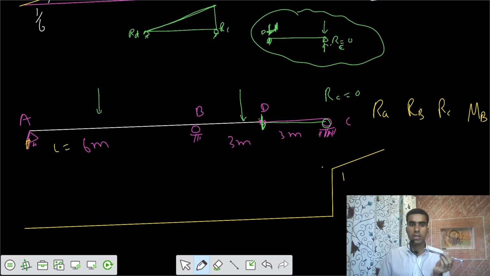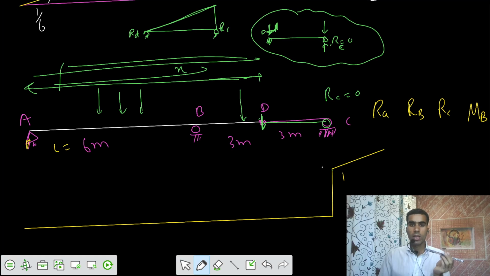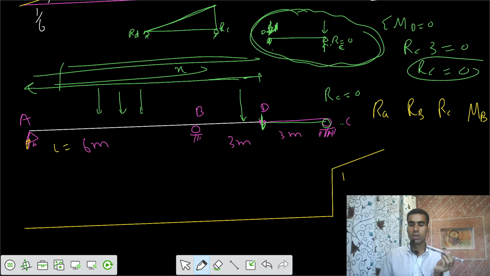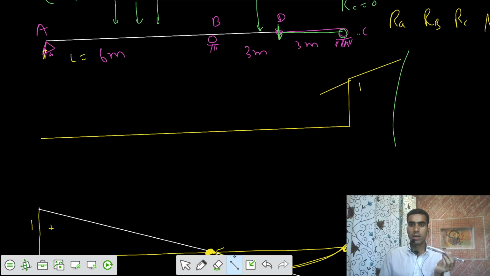That means for all values of X in this part, if the load is anywhere in this part, your reaction at C becomes 0 because of this free body diagram. Let's say there is some shear force at D, but by the summation of moments at point D equal to 0, you would get reaction C into some length of 3, that is 0. So reaction C is 0. That means the profile would be a linear profile in this fashion.